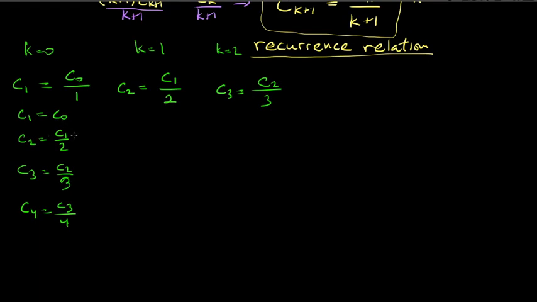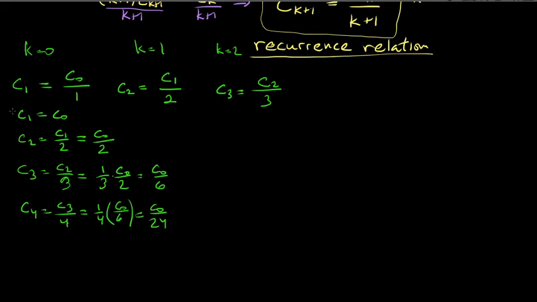But remember, c1 is the same as c0, and c2 is c0 divided by 2. So c3 is 1 over 3 times c0 over 2, so that's c0 over 6. And c4 is 1 over 4 times c3, which is c0 over 24.